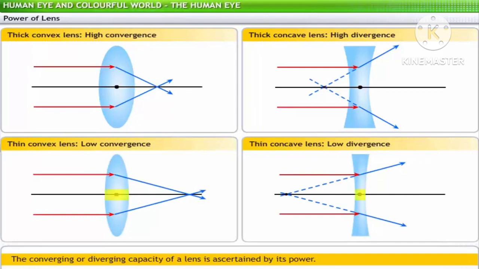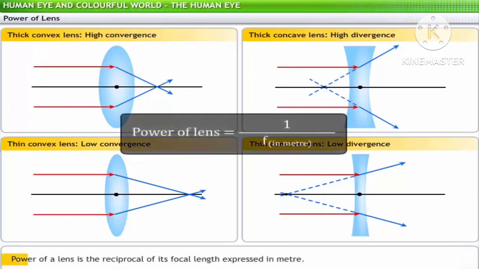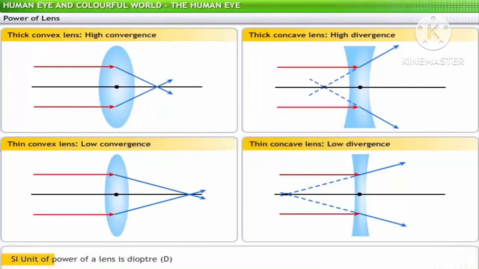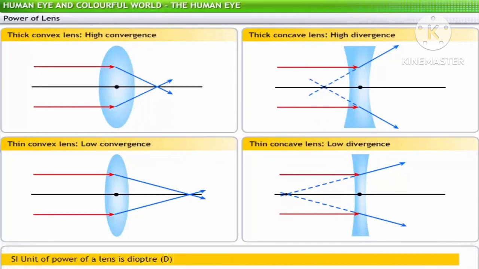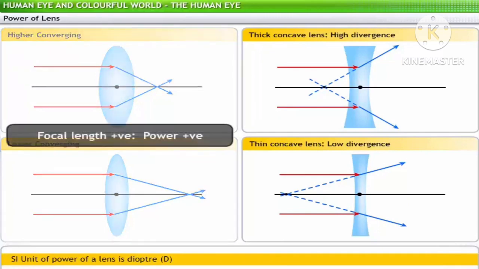Similarly, a thin convex lens has a larger focal length, and hence its convergence is lower. Thus, the converging capacity of a convex lens and its focal length are inversely related. Numerically, the power of a lens is the reciprocal of its focal length expressed in meter. The SI unit of power of a lens is diopter and is denoted by D. Usually, the focal length of a convex lens is considered positive.